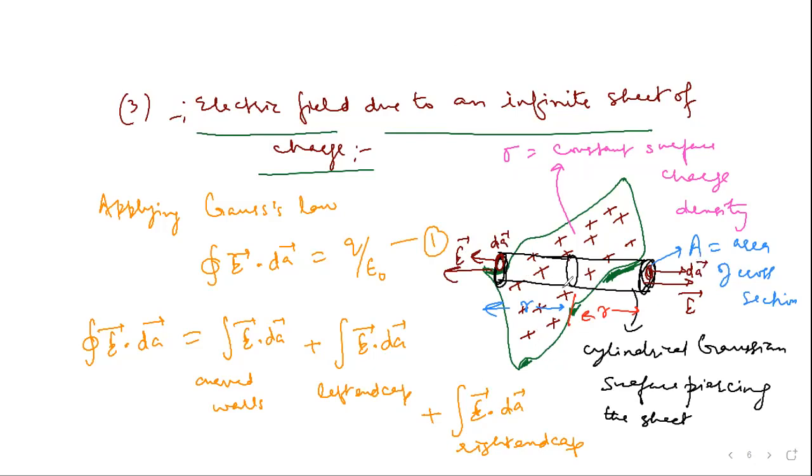So curved walls will not contribute to the flux because electric field and area vector will be at right angles. Cos 90 is 0. So this term will be 0 and only the end caps will contribute. So I will have closed integral E dot dA, curved walls will be 0.